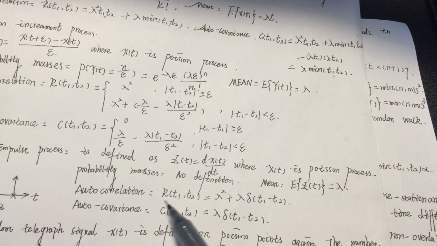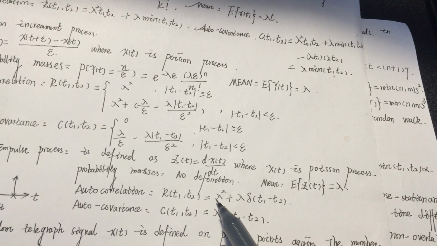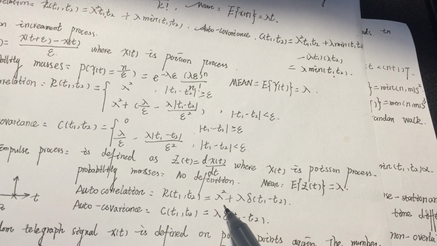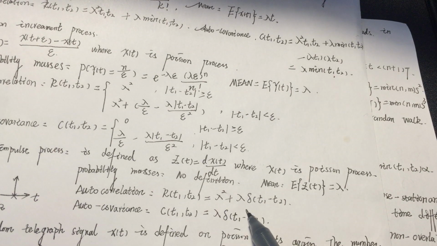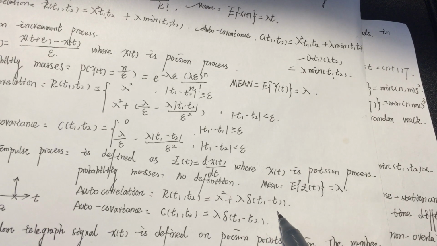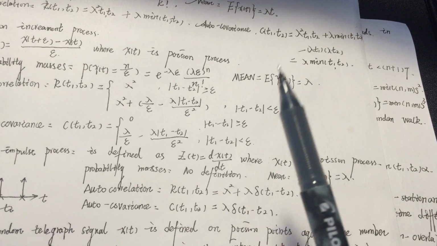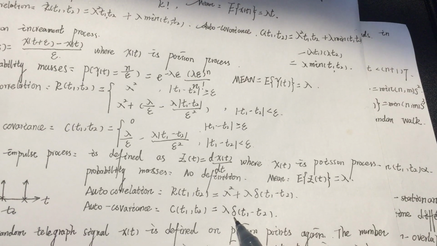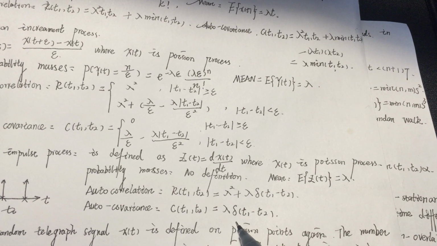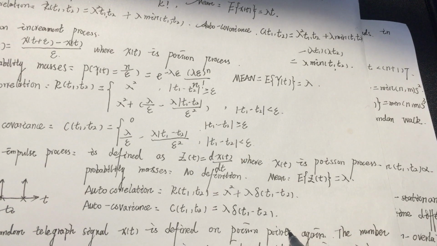The autocorrelation of it equals lambda squared plus lambda multiplied by delta(t1 minus t2), and the autocovariance equals lambda delta(t1 minus t2).